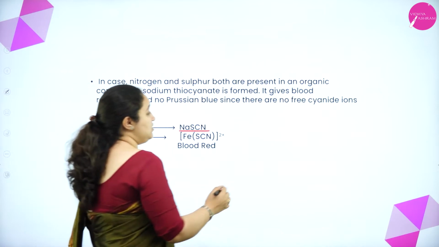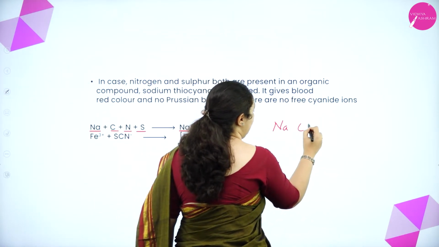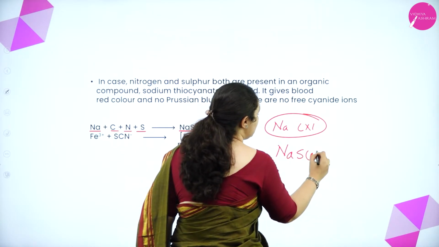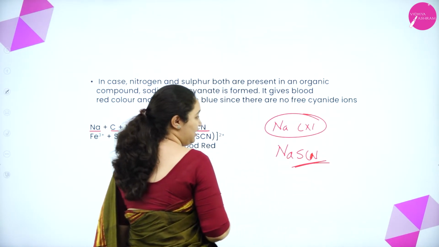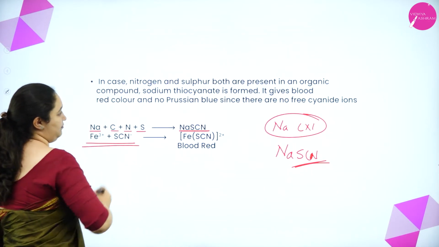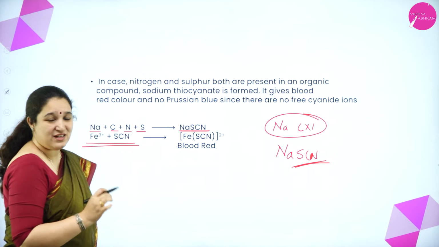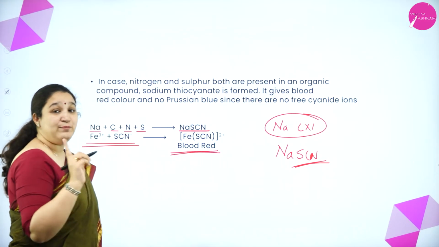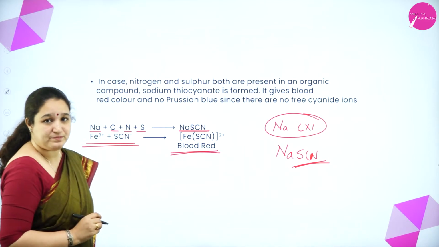That means sodium cyanide is not formed, sodium thiocyanate is formed, and thus when you add acidified ferrous sulfate, it will form blood red color and we will not get blue color.